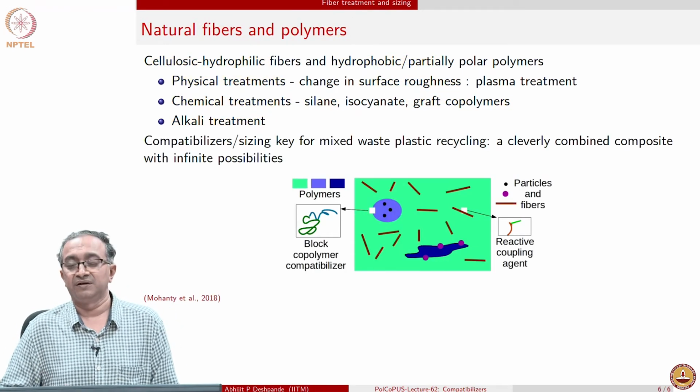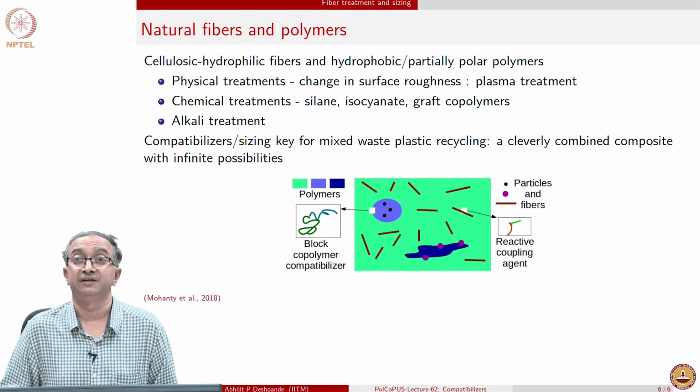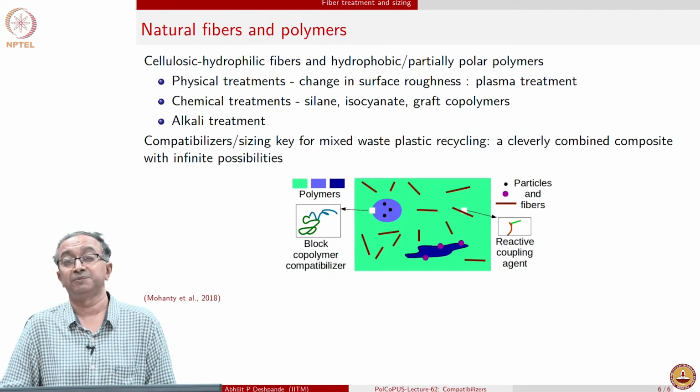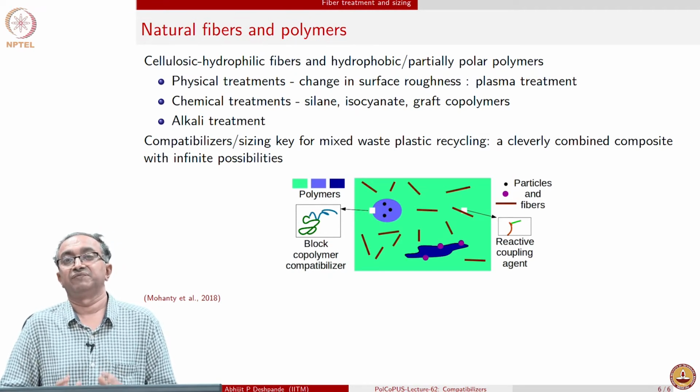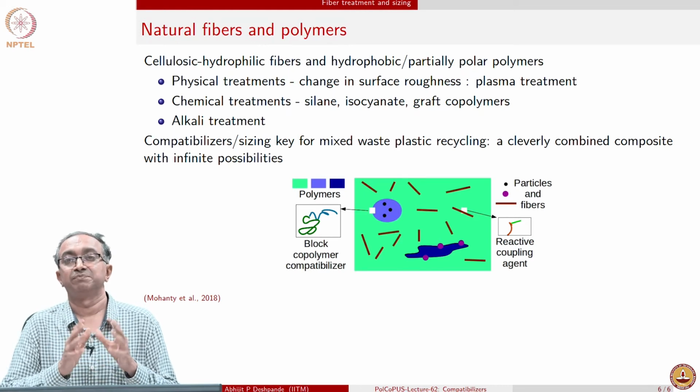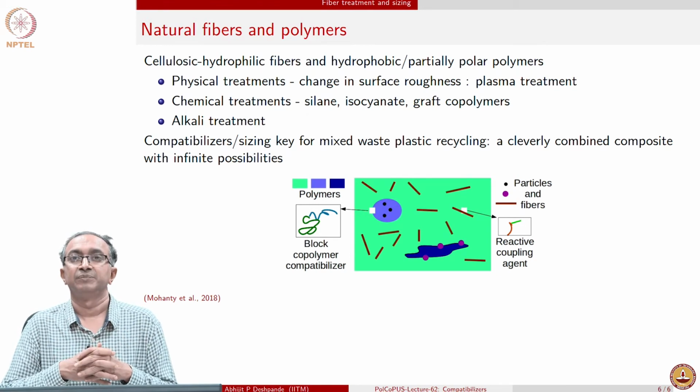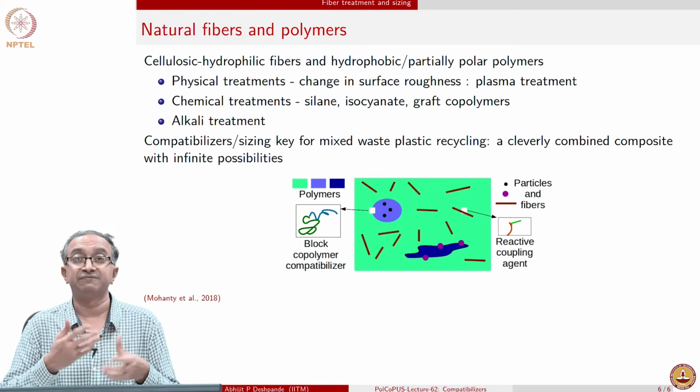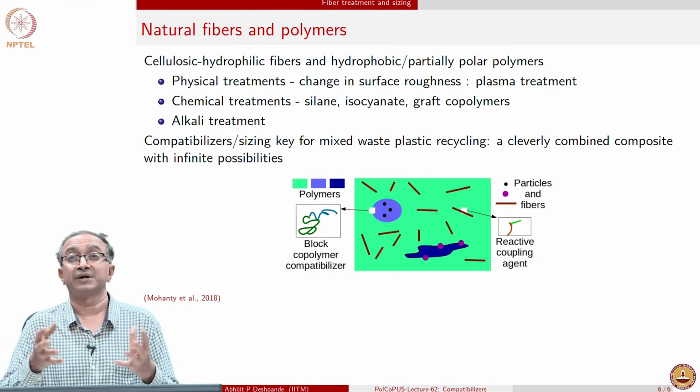In general, the idea of compatibilization is very important from a sustainability point of view also, because we have seen that mixed plastic waste is the major challenge to recycle. Because in terms of all these different components, if we have polypropylene, polyethylene, polyethylene terephthalate, all of them are not compatible with each other.